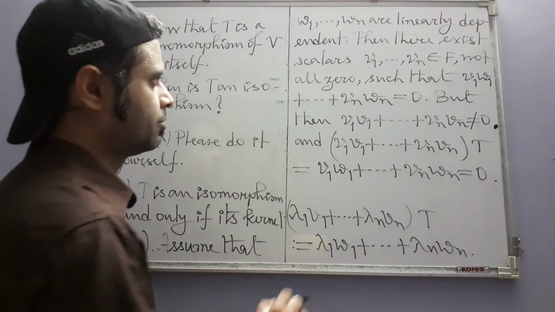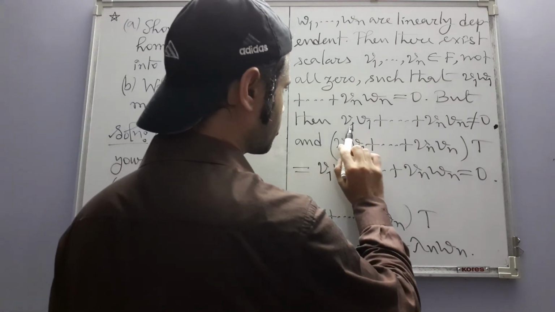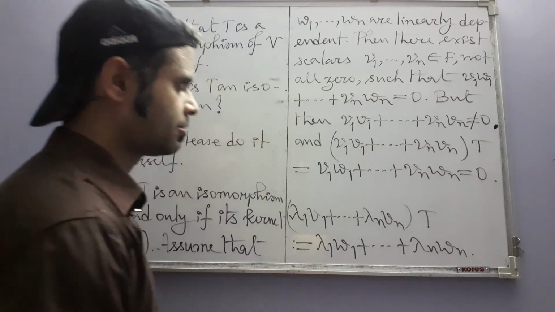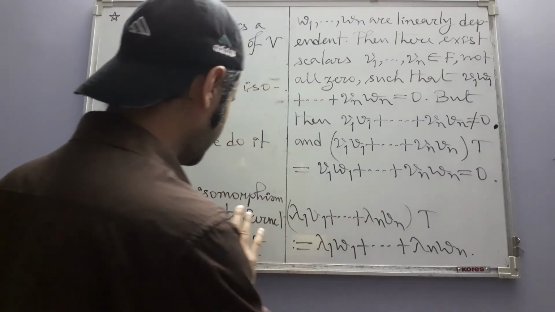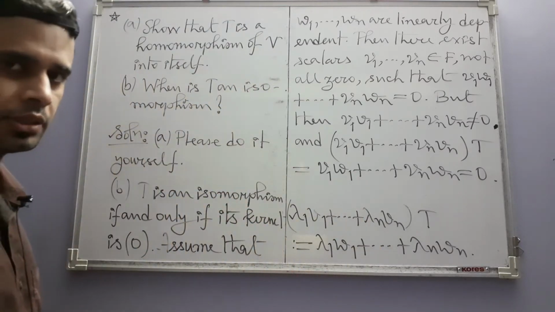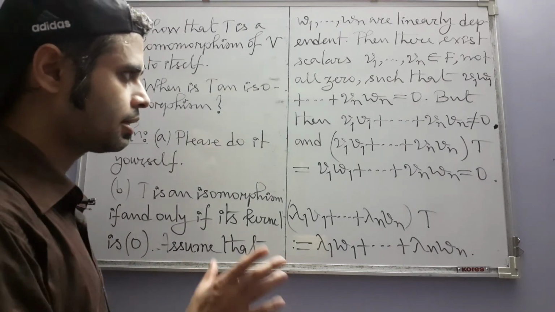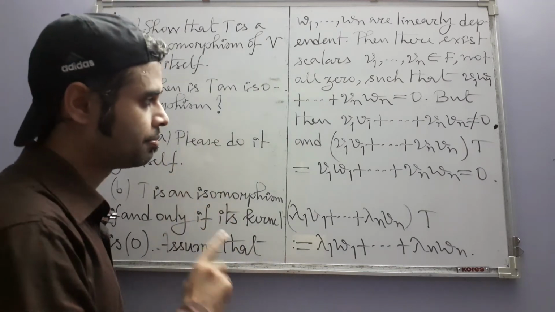By the way, how are we concluding that this vector is non-zero? That is because the vi's form a basis of our original space V, so the vi's are linearly independent.